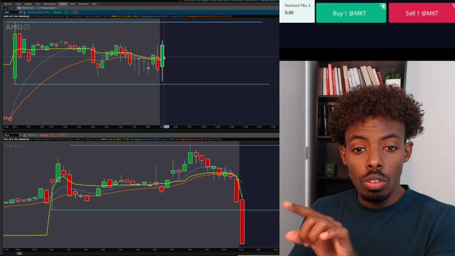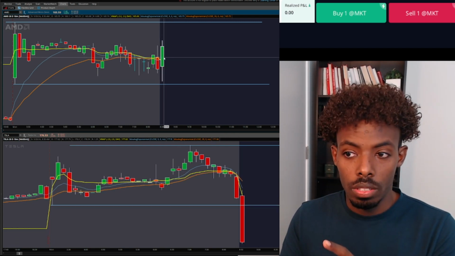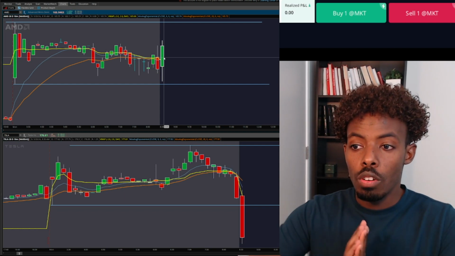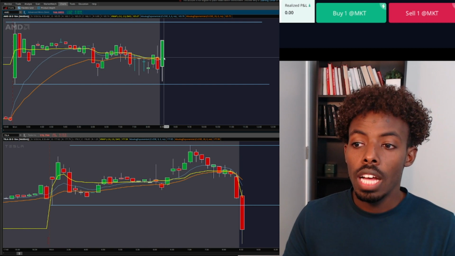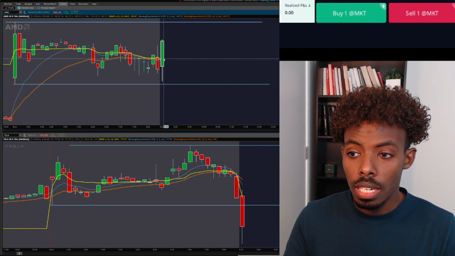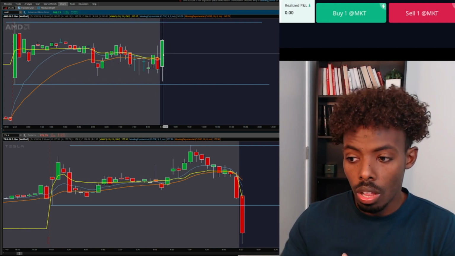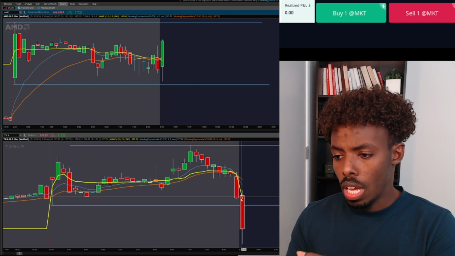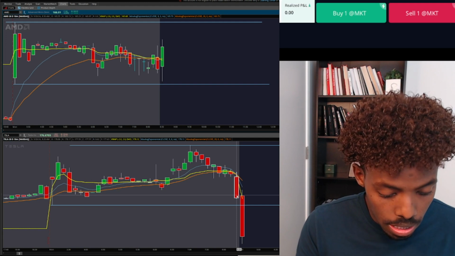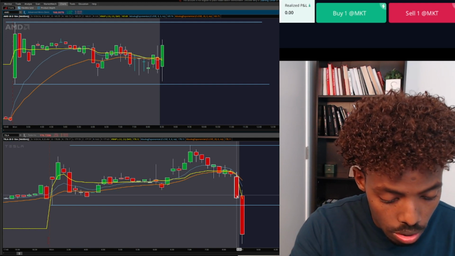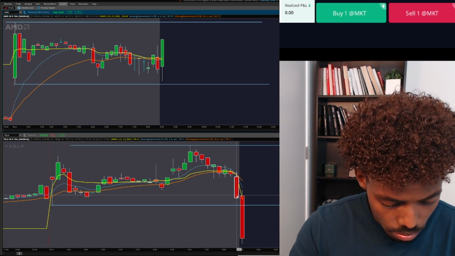If this one closes green, that would mean it'll be an inverse. If it's an inverse, we want to wait for a whole 10-minute candle to close above the VWAP as well as above the 9 in order to place a call. For this one, no. If it closes red, that just means it's a bearish signal, so we just trade according to that. So let me go to that bearish signal.